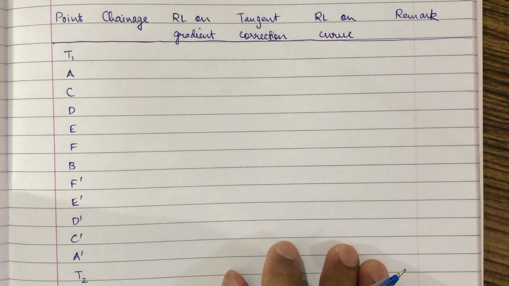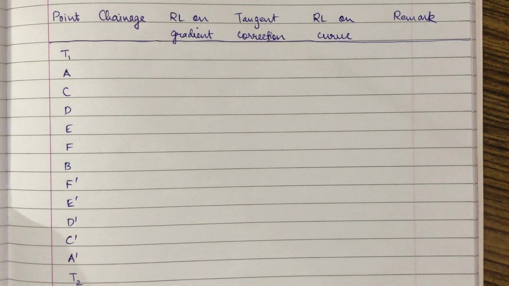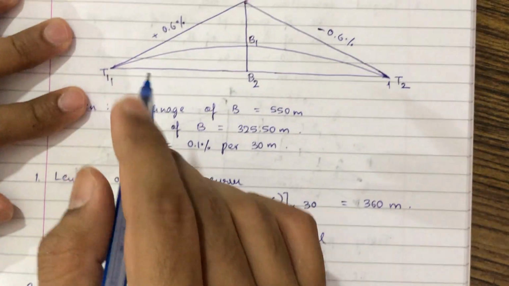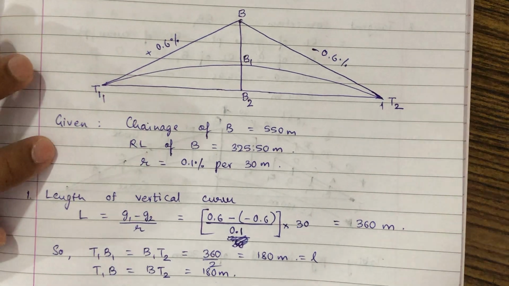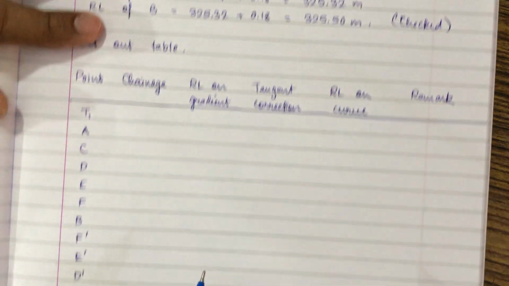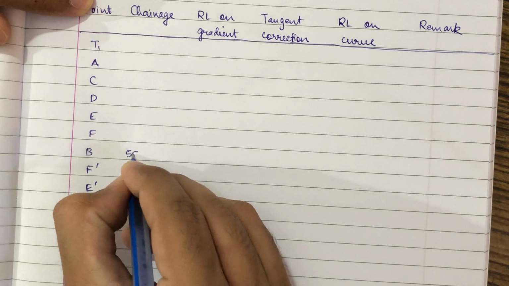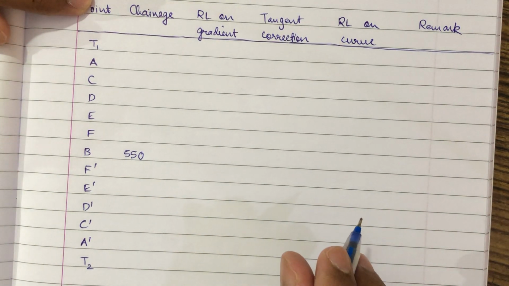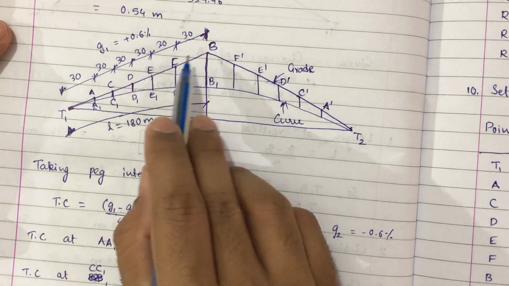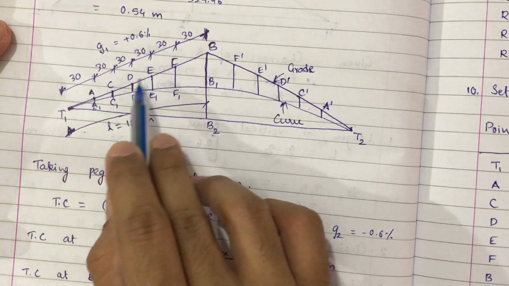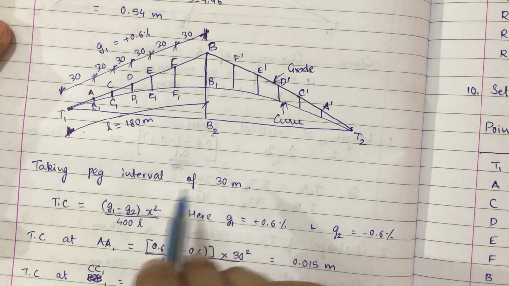Now chainage. We have calculated the chainage values as well. Here the chainage of B point is given as 550 meters, and we have taken these at peg intervals of 30 meters.